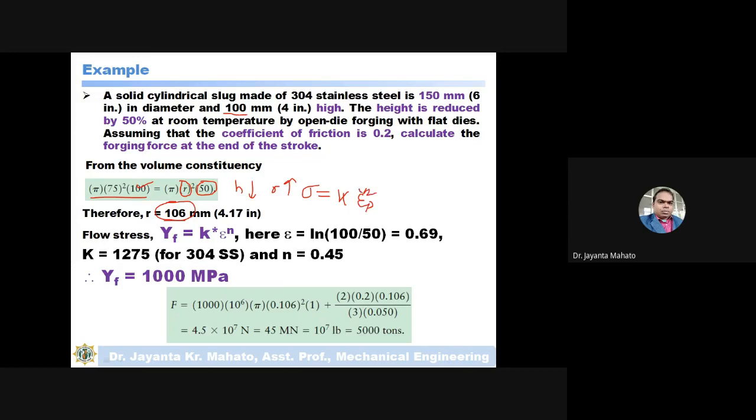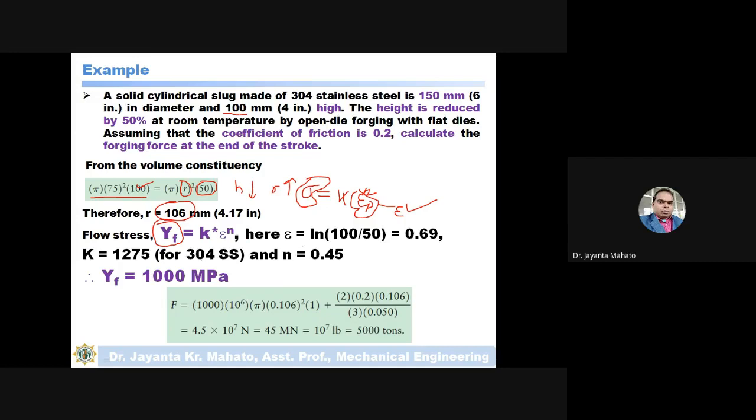Here we consider epsilon P is nothing but epsilon, meaning the deformation is totally plastic deformation. And this sigma is nothing but the flow stress. So sigma YF equals K into epsilon to the power n.